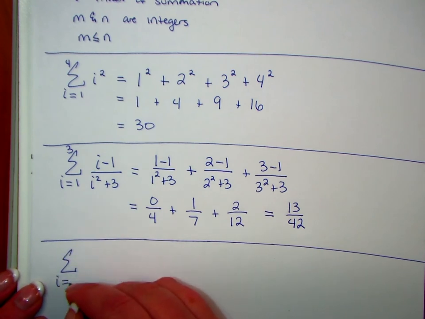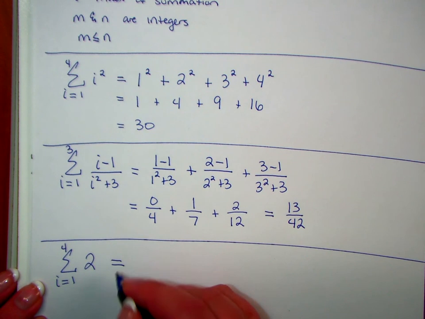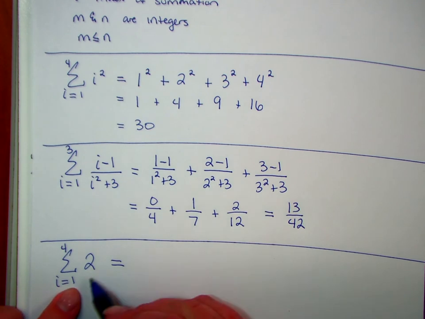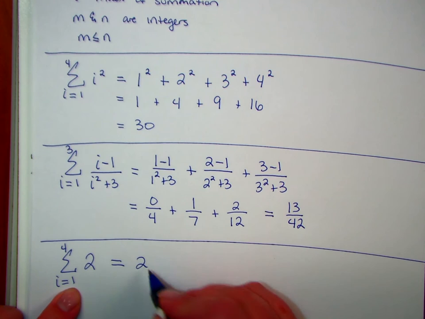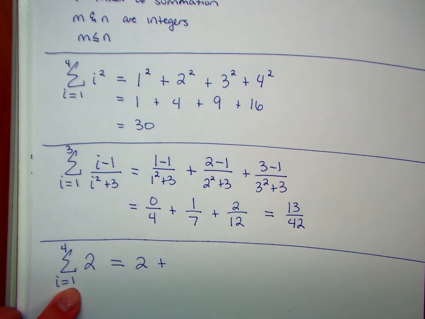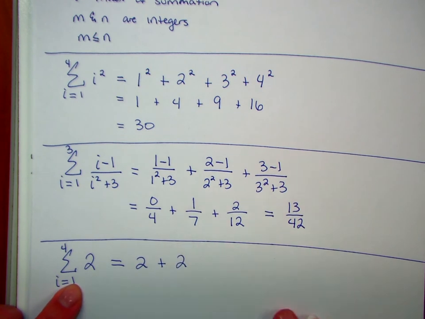So now let's do the sum from 1 to 4 of 2. Notice that this is just a constant. There is nowhere to put i. But if i is 1, then the term is just 2. And then we're going to add that. Now we increase i to 2, and the term is, again, just 2.